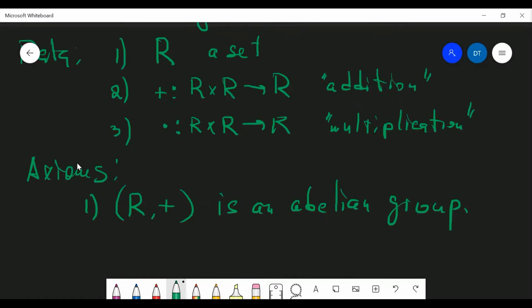And each element must be invertible with respect to this operation, so for each element A there must be an element minus A. And plus must be a commutative operation, so the order of the sums doesn't matter: A plus B equals B plus A. This is the reminder for what it means that this is an abelian group.